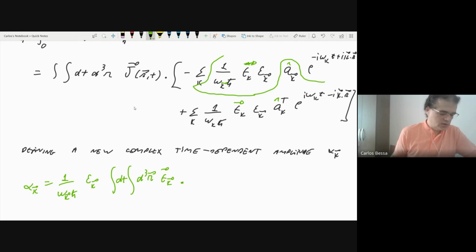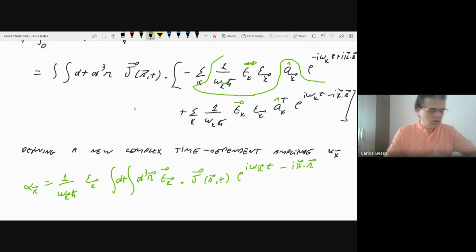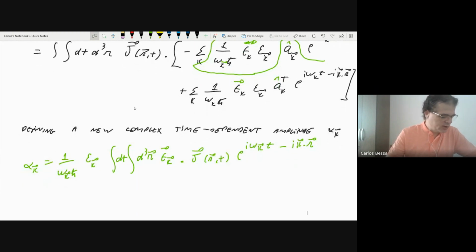So this is j of r and t exponential i omega k t minus i k r. So this is my new amplitude, alpha k.